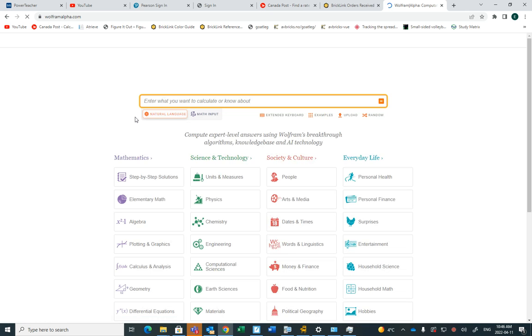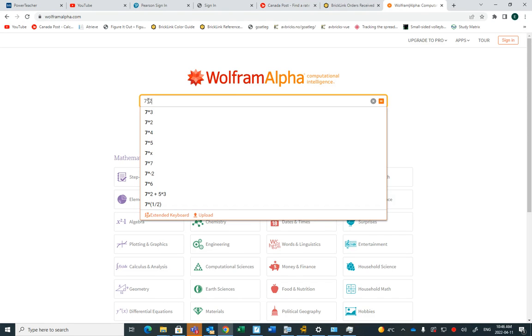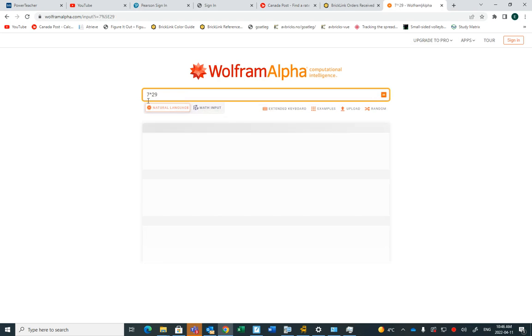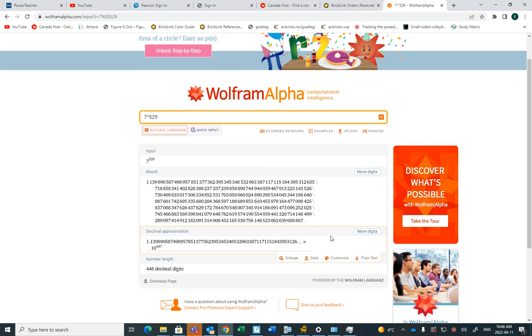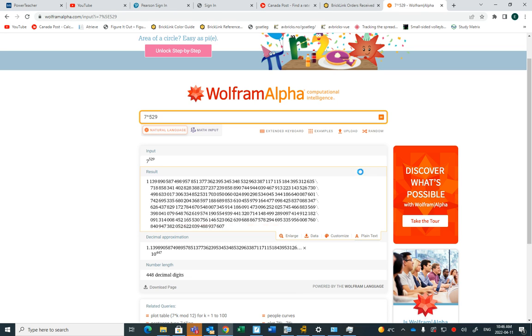When you go to this, you can do stuff like 7 to the power, use the little hat button, of 29. And it will actually show you the number that it ends in a 7. In fact, you could even do 7 to the power of 529. Oh my goodness. And it will show you all of the number if you wanted to see it.